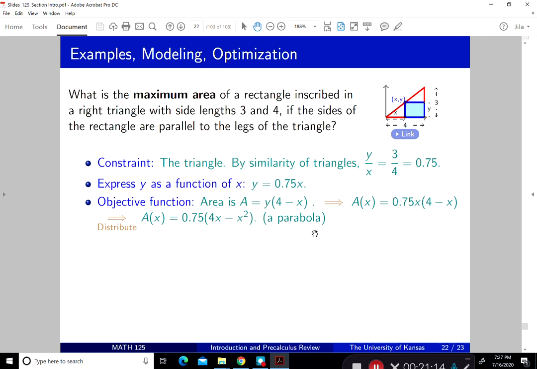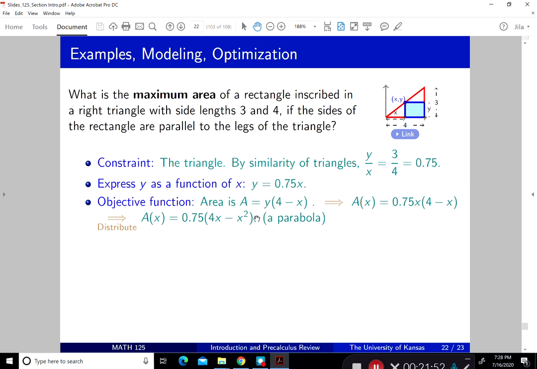This is a parabola. And we know that parabola, and what kind of parabola? Look, what is the coefficient of x squared? The coefficient of x squared is negative, times that 0.75 multiplies through also, and so it's negative 1 times 0.75. This negative coefficient for x squared means the parabola is looking downward.